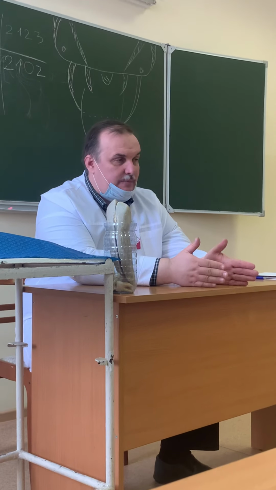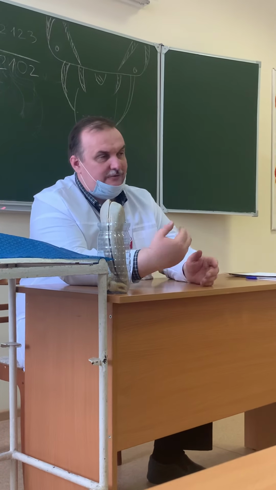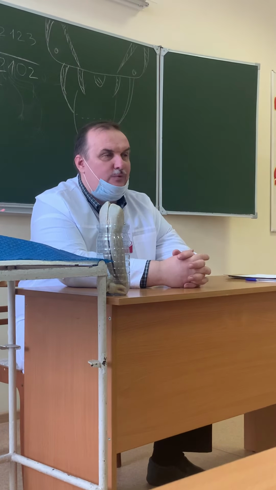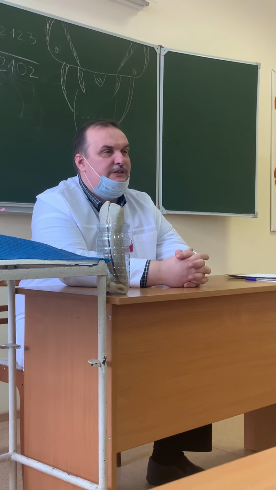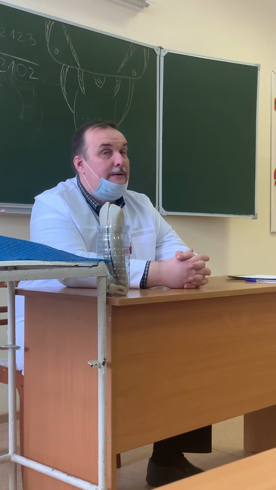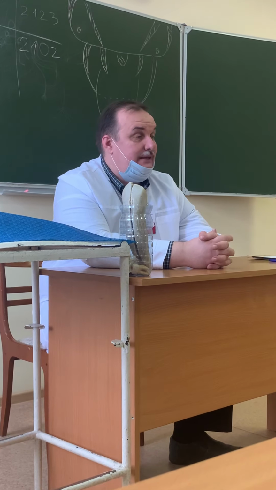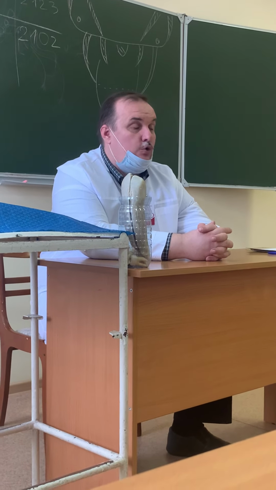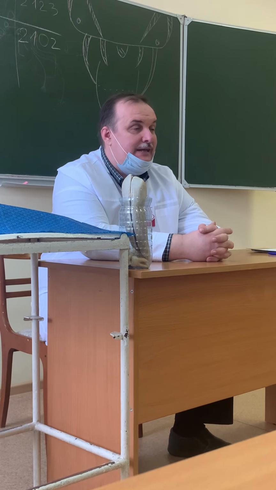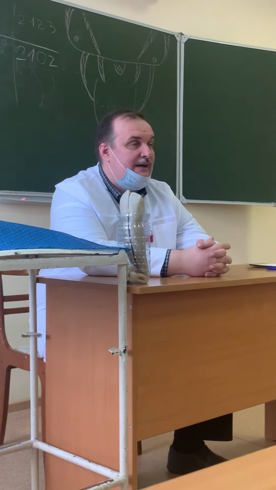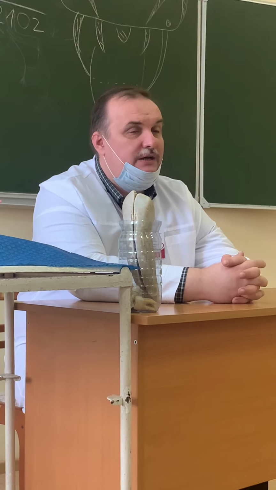In the cervical part, which organ is in front of the esophagus? The trachea. Laterally, the common carotid arteries and the vagus nerves, nervus vagus.